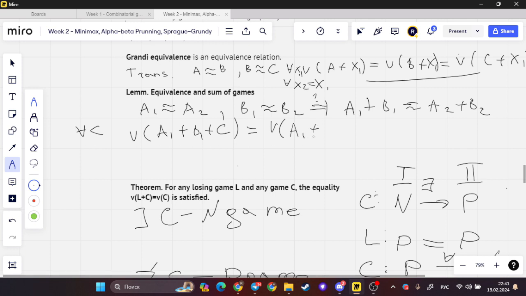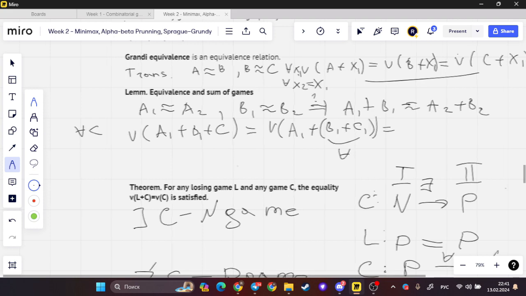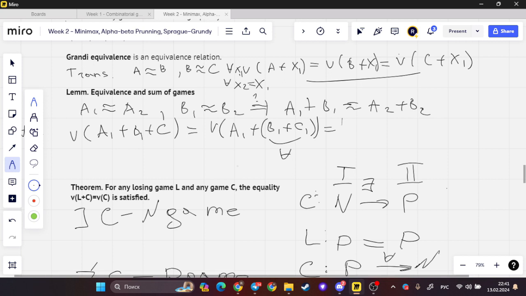Okay, we can use associativity, I think, here, and this is any game, so we get that this game is equivalent to this, B1 plus C1, and that's it.